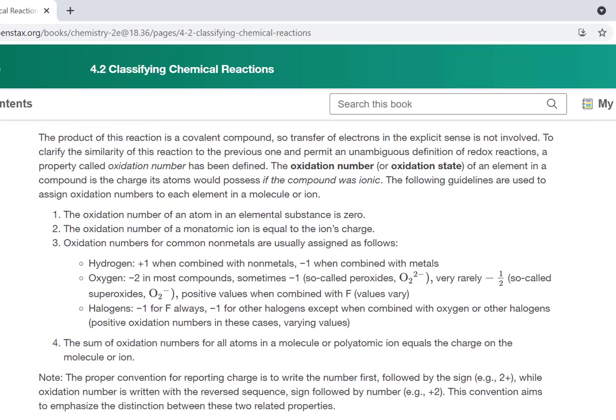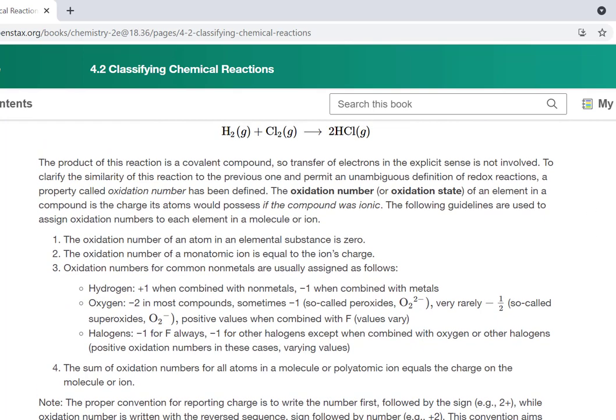Okay, so what we'll be looking at for this course is how to know if something is oxidized or reduced. And to do that, we use oxidation numbers or oxidation states to help us make that decision. These are similar to ionic charges, and if we have an ionic charge, it will be the same.